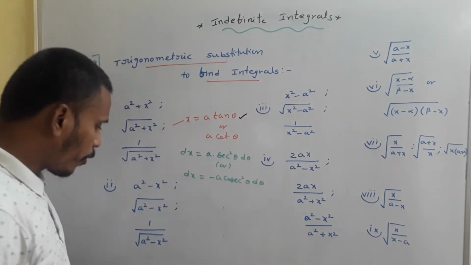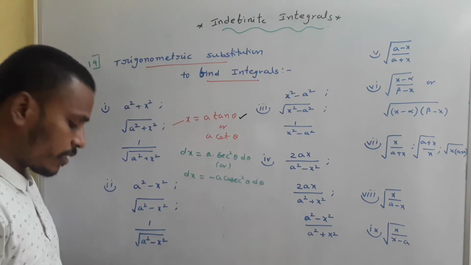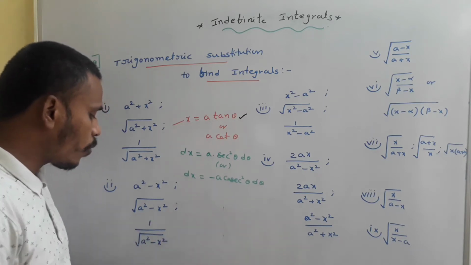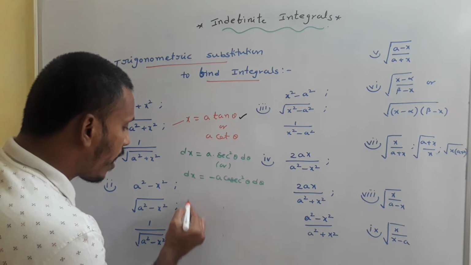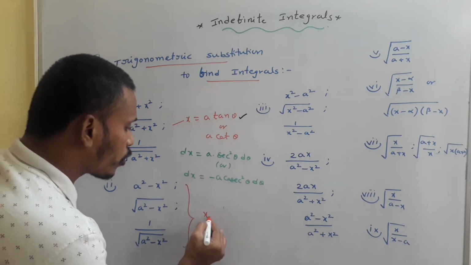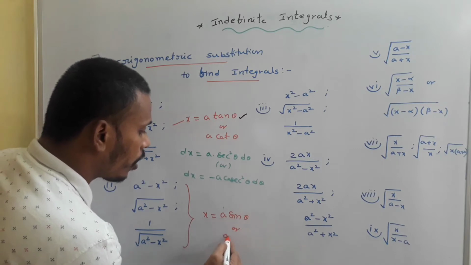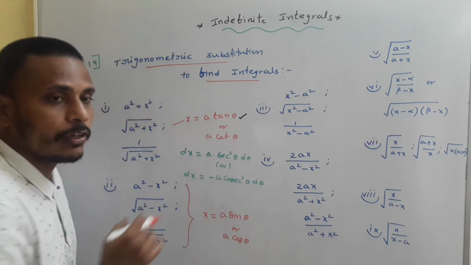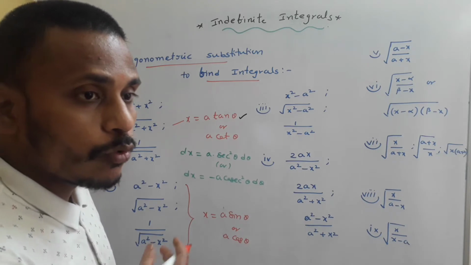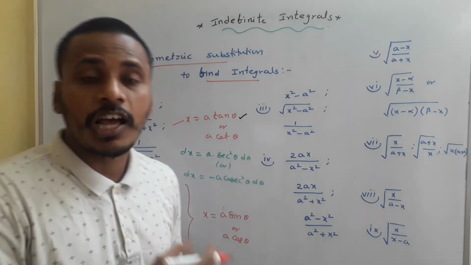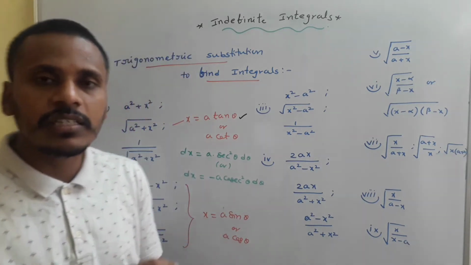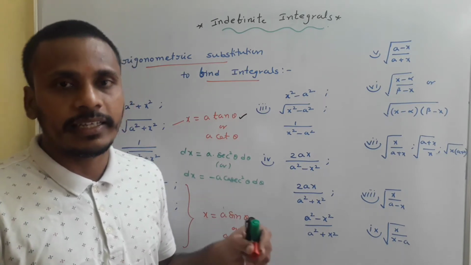Then come to the next one. Root of a square minus x square, and 1 by root of a square minus x square. For these types of problems our substitution is x equals a sin theta or a cos theta. Just have a look. If you take x equals either a sin theta or a cos theta, then it is easy to find the integral value.